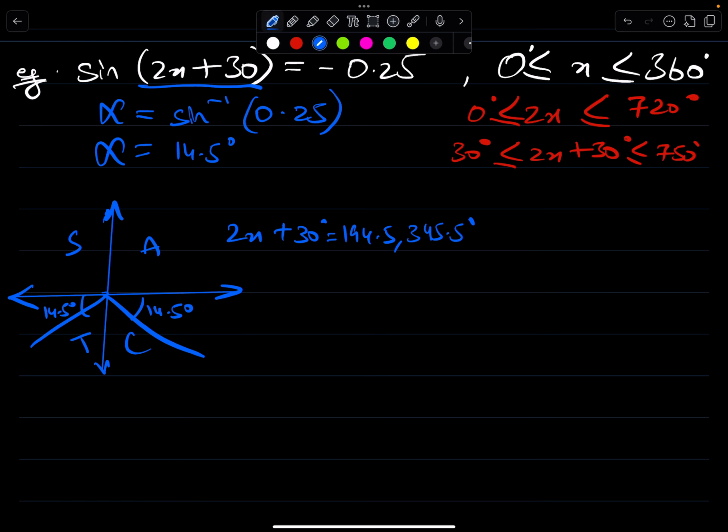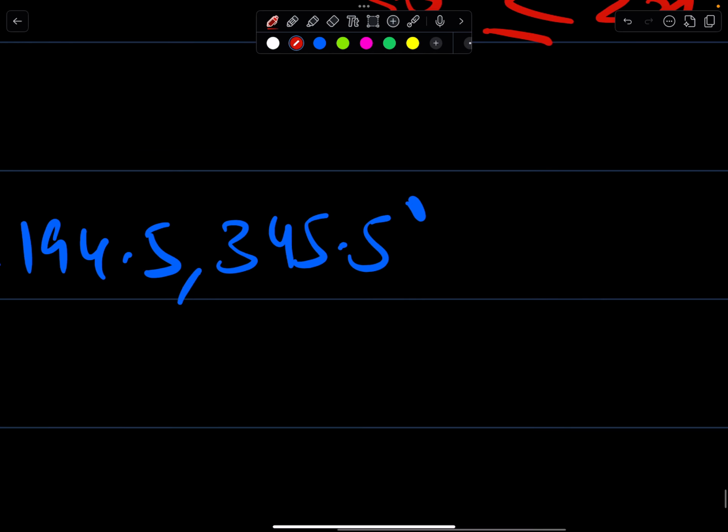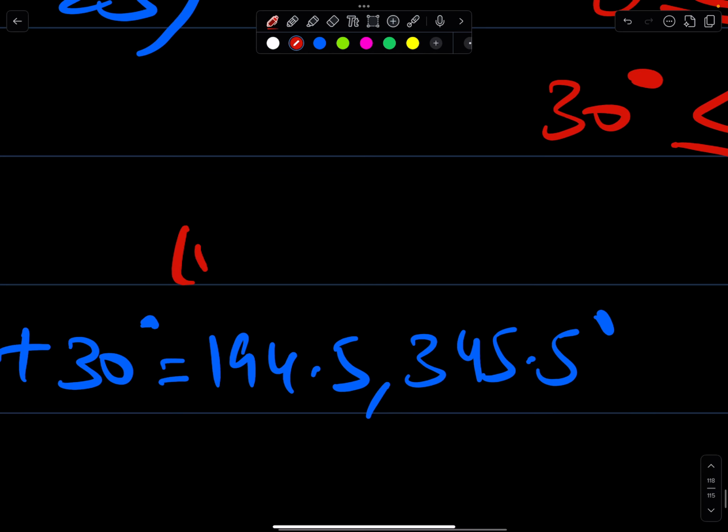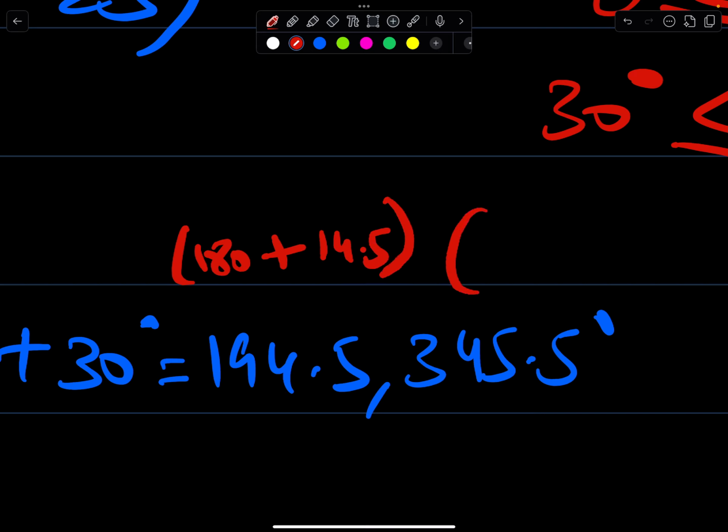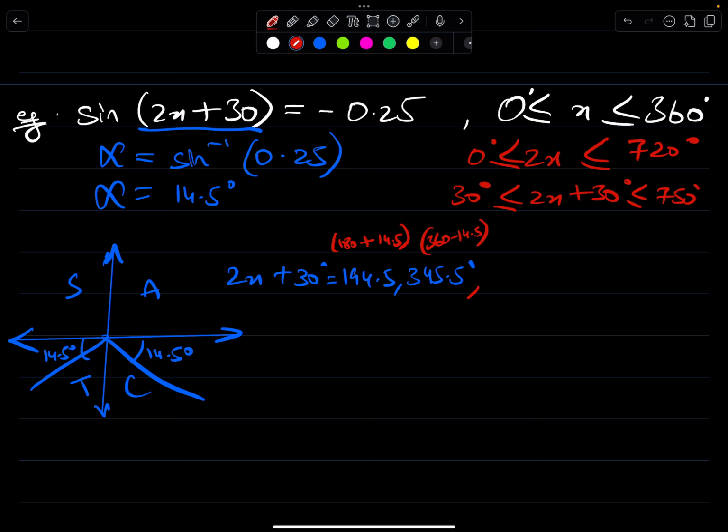And how did we get this? Again, for those who still don't understand, it's 180 plus 14.5, and 345.5 is 360 minus 14.5. And then we have 194.5 plus 360, simply because we have to go till 750.